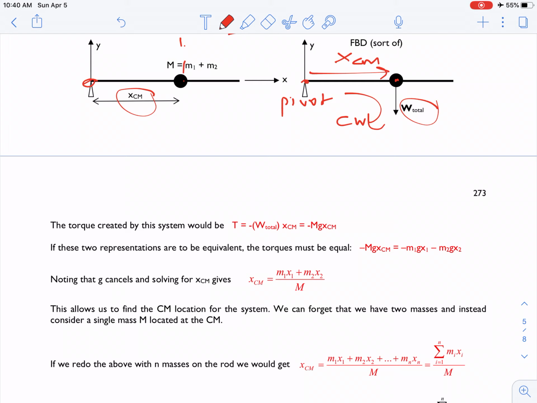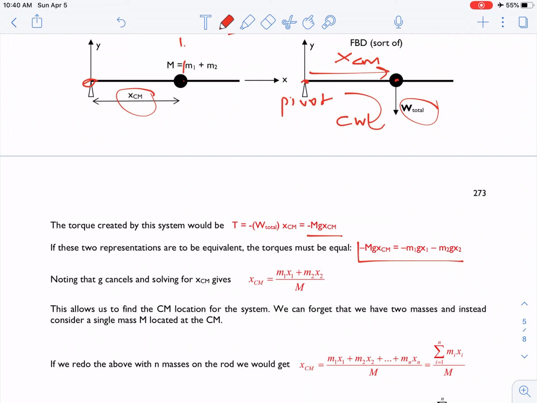Okay, and we are also saying that W total is simply capital Mg, and we are replacing that. These equations come from the torque definition. We are saying that it doesn't matter if it's two separate objects or combined, the system is the same, right? So these two torques should be the same.